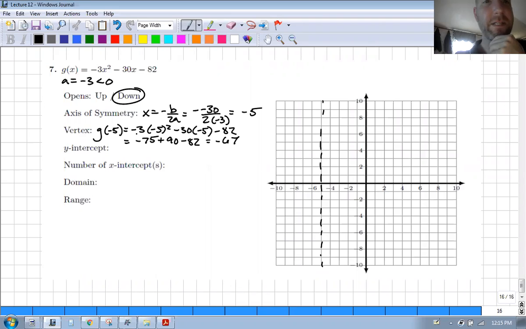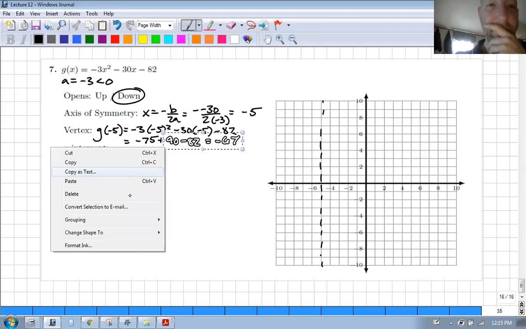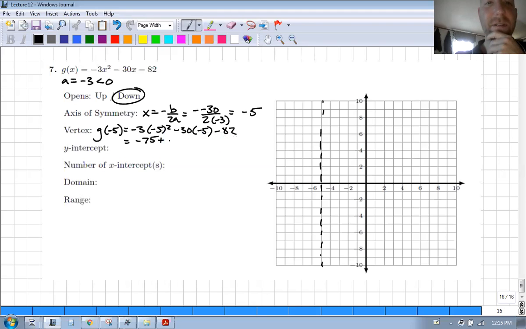-3 times -5 squared minus 30 times -5 minus 82. All right, 5 squared is 25 times -3. It's -75. Minus 30 times, yeah, this is wrong. The minus 30 times -5 is 150.